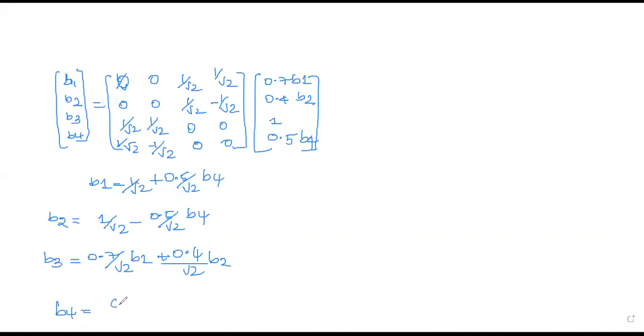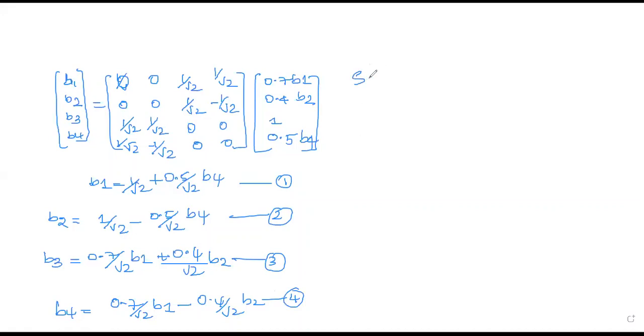Similarly, B4 is 0.7 by root 2 B1 minus 0.4 by root 2 B2. This is equation 1, equation 2, equation 3, and equation 4. So the next step is to substitute equations 1 and 2 in equation 4.